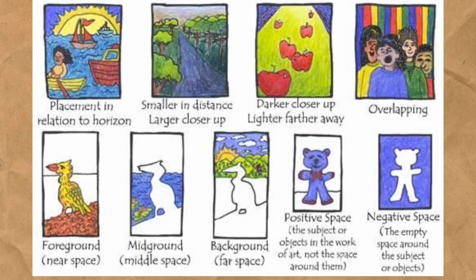Here are more examples. Placement in relation to horizon, smaller in distance, larger closer up, darker closer up, lighter farther away, overlapping, foreground or near space, midground or middle space, background or far space, positive space, and negative space.